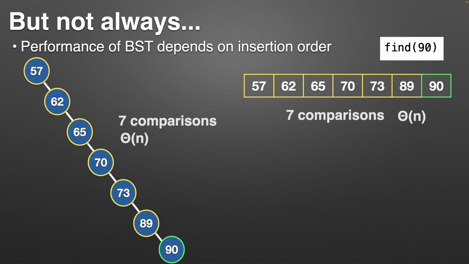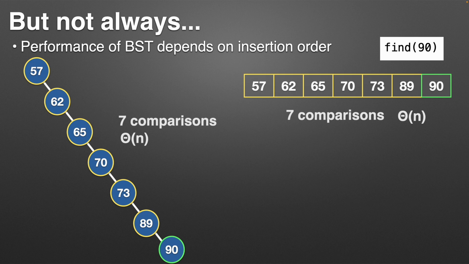However, if the elements are already in order, when we build our tree we end up with something like this, because each element's bigger than the one before it. So we just get this long line, which is essentially a linked list, and now we've lost all of our advantages. We can't cut out half of the search space each time because it only goes in one direction.